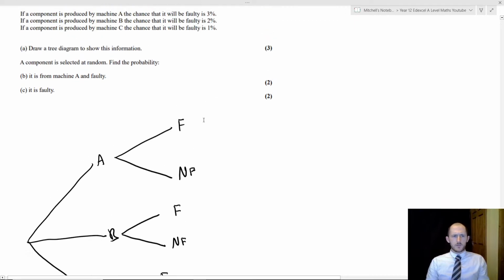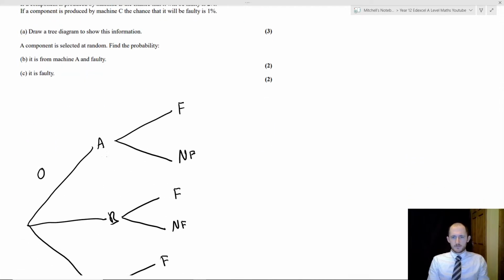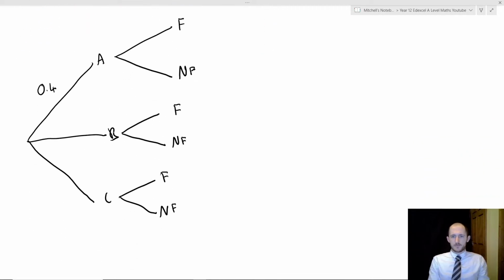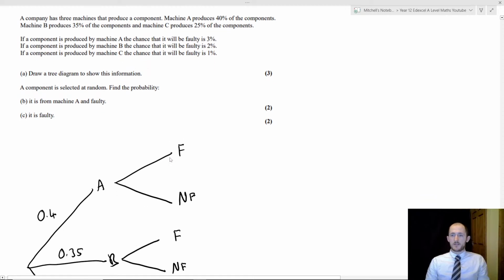Okay, so what's the chance it gets produced by A? 40%. 35 for B and 25 for C. If it's produced by A, it has a 3% chance of being faulty.